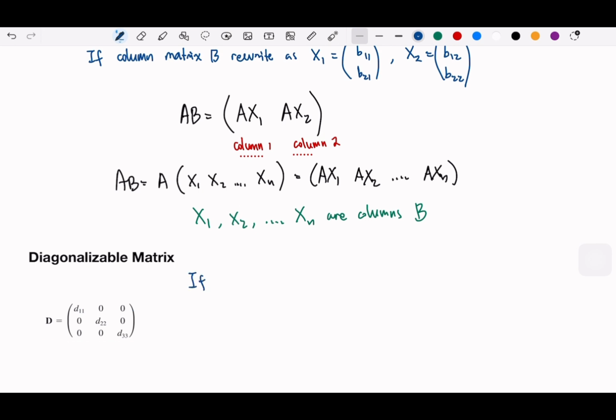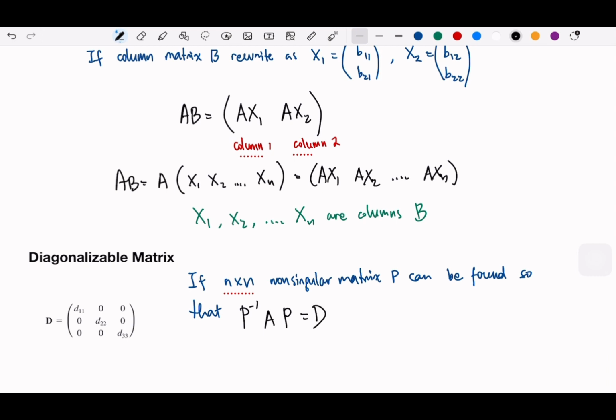If we can find an n by n non-singular matrix P so that P inverse A P equal D, and this D is a diagonal matrix.